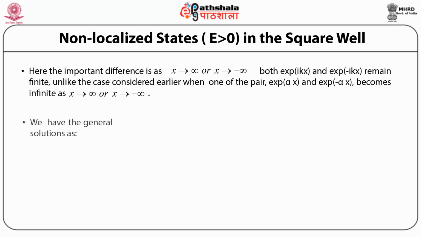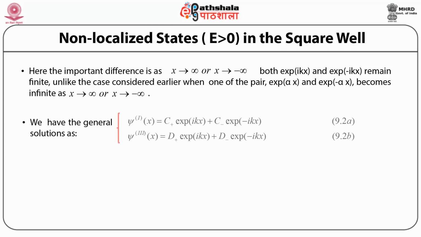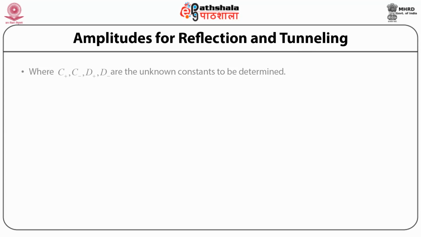As a result, we have the general solutions as psi of x in region 1 is equal to C plus into exponential iota kx plus C minus into exponential minus iota kx, and psi of x in region 3 is equal to D plus into exponential iota kx plus D minus into exponential minus iota kx, where C plus, C minus, D plus, D minus are the unknown constants to be determined.